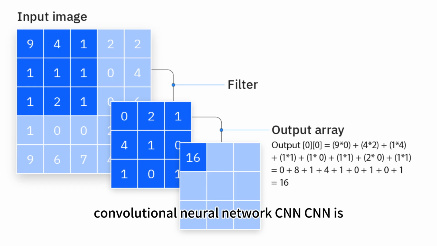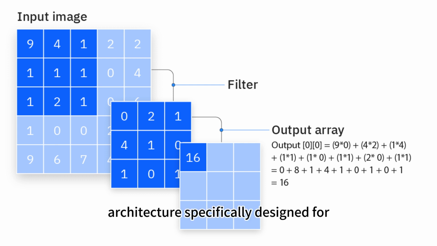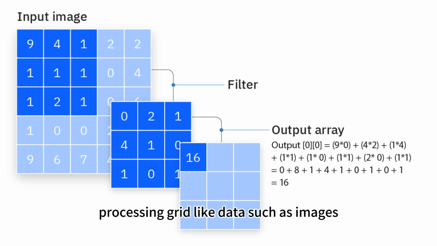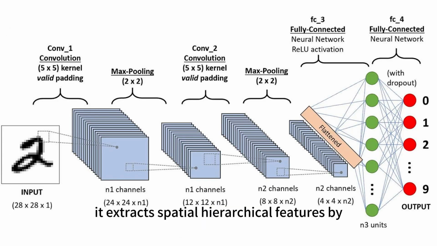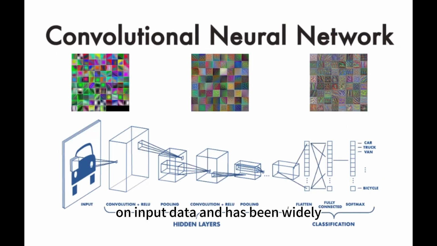Convolutional neural networks, CNN, is a deep learning architecture specifically designed for processing grid-like data such as images. It extracts spatial hierarchical features by using convolutional kernels with shared weights on input data and has been widely used in image recognition, including applications in AlphaGo.